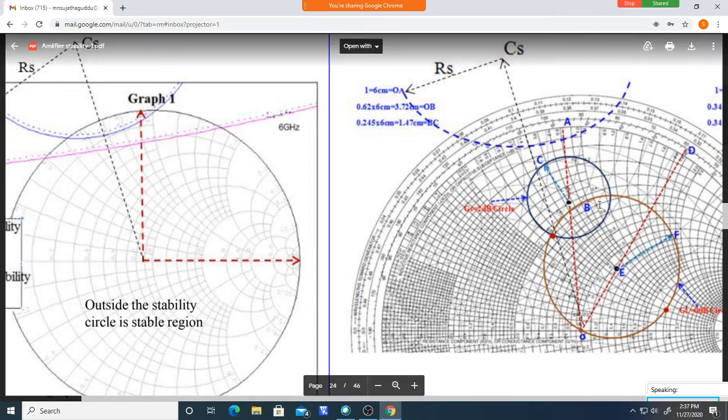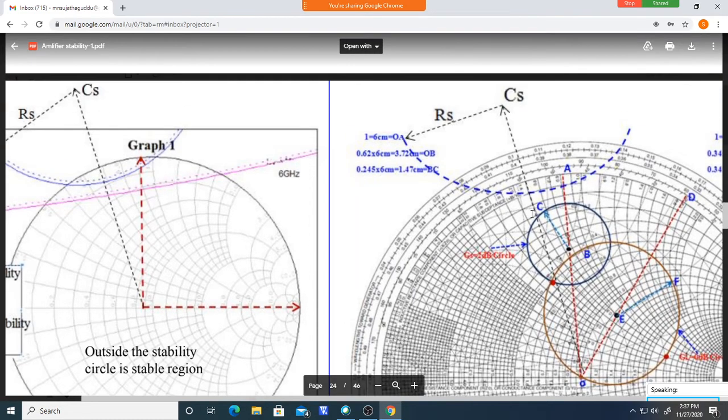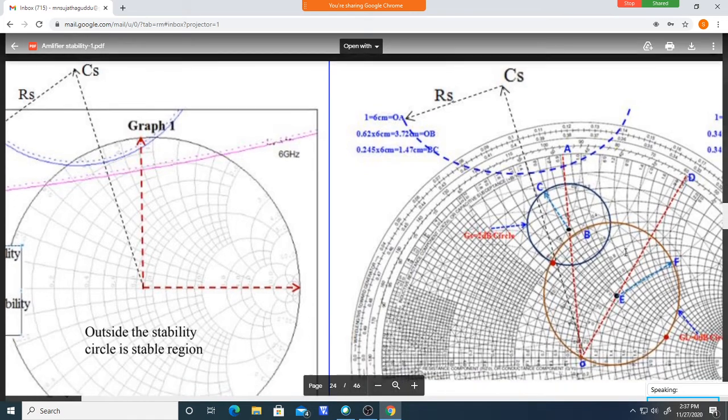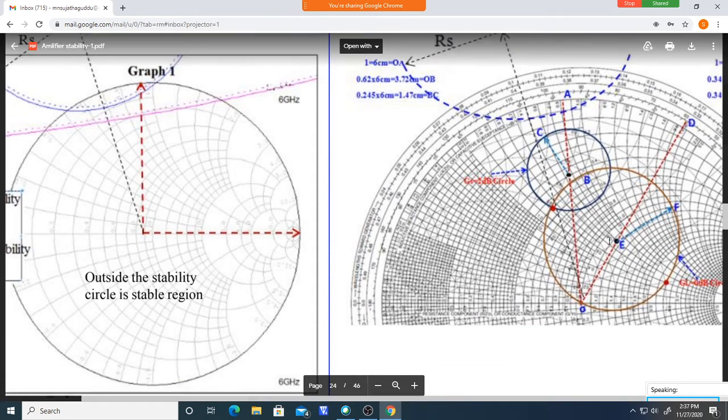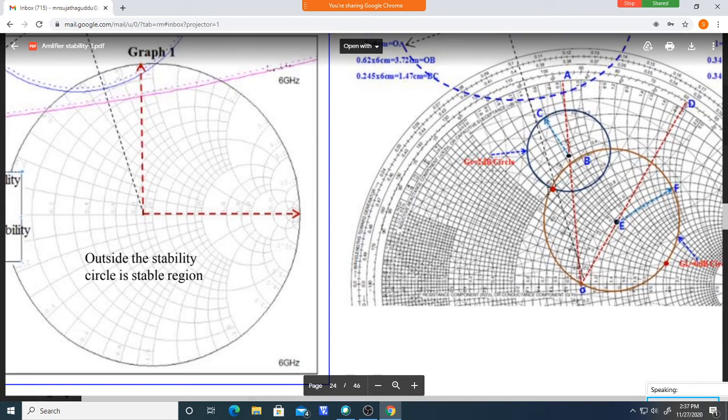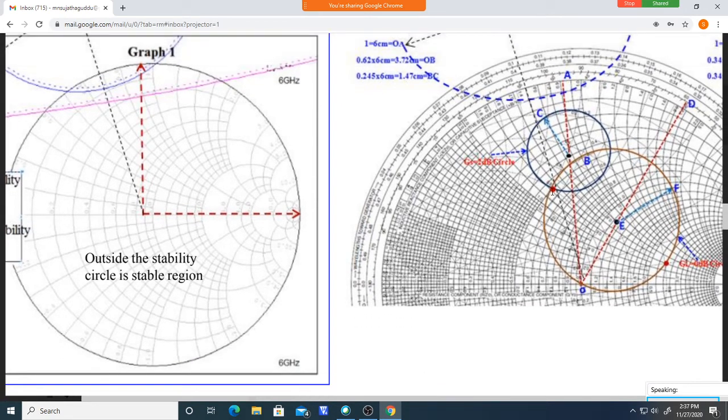But now we come to know, no problem, you can take any value over this, because they are in the stable region. One value you can take like this. Any one value you can choose as ZS.